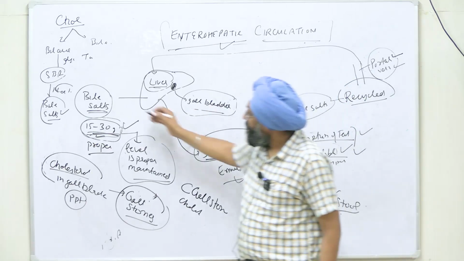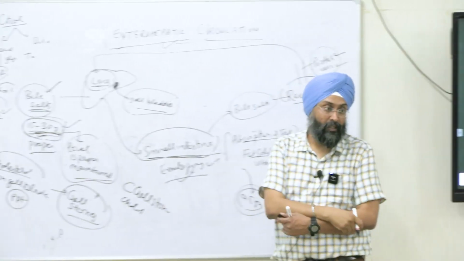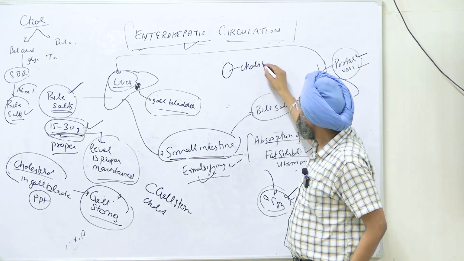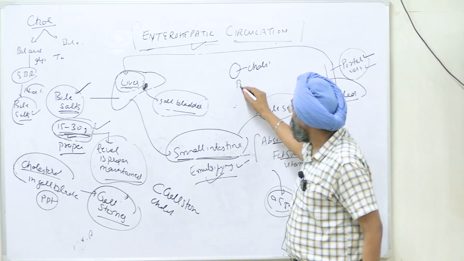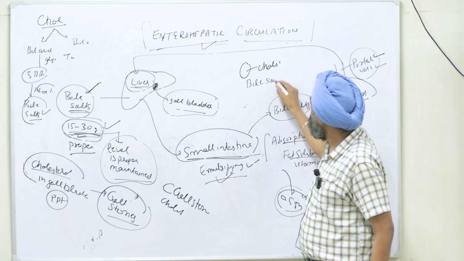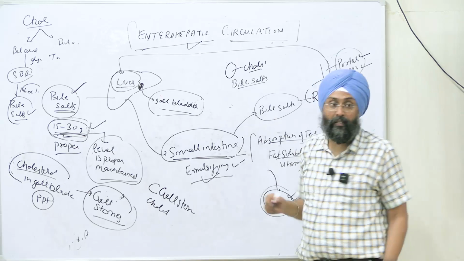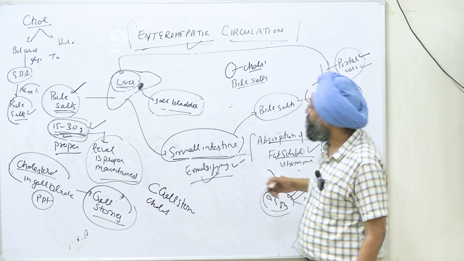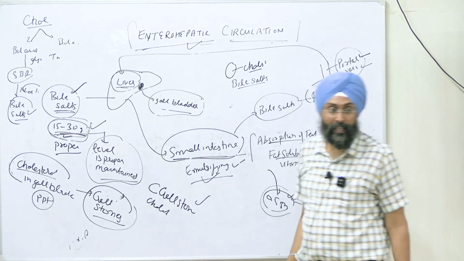Now, when the bile salts level decreases due to improper circulation, what will happen? The cholesterol in the gallbladder will precipitate due to the decreased level of bile salts, right. So when cholesterol is precipitated, it will form gallstones in the gallbladder, right? And this is known as cholesterol gallstone disease or cholelithiasis, right?